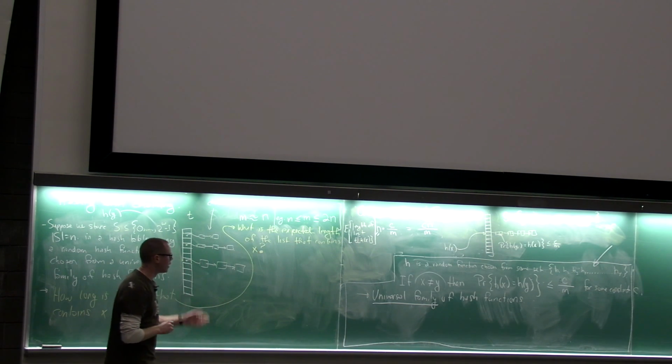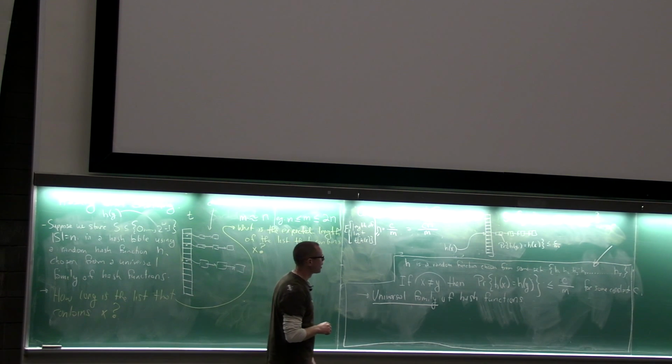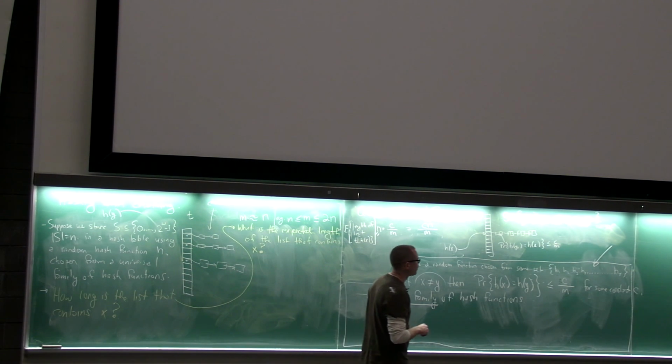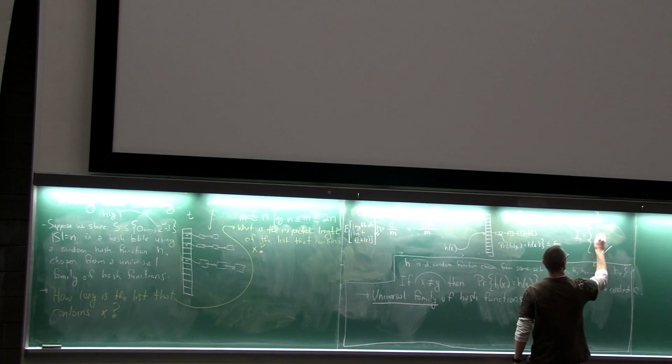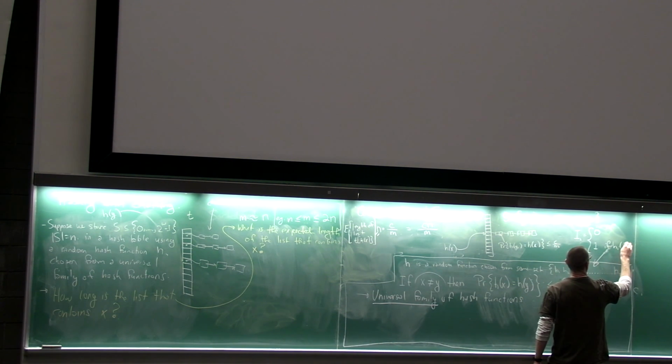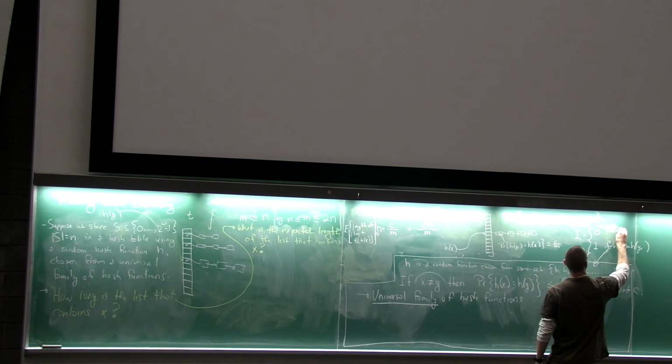And if we want to do that in a very long-winded way, we can define an indicator variable I, which is equal to 0 or 1, and it's equal to 1 exactly if h of x is equal to h of I, and 0 otherwise.